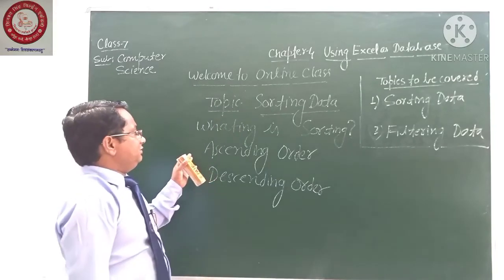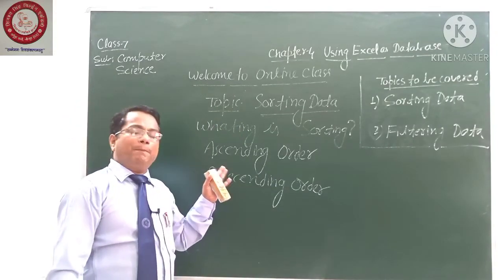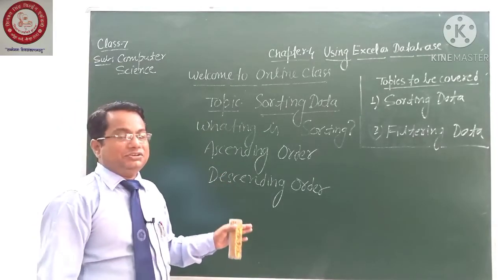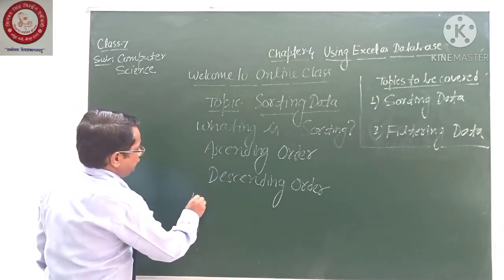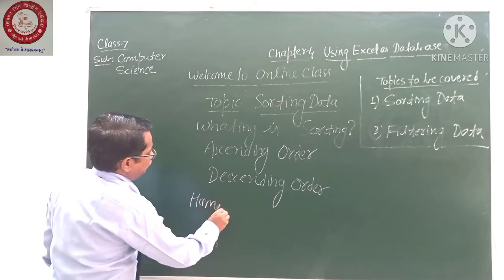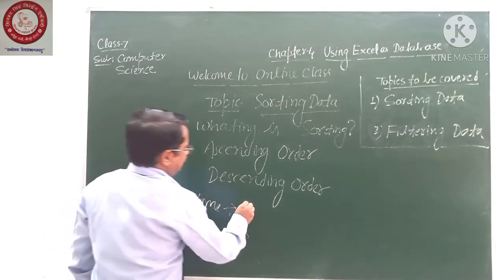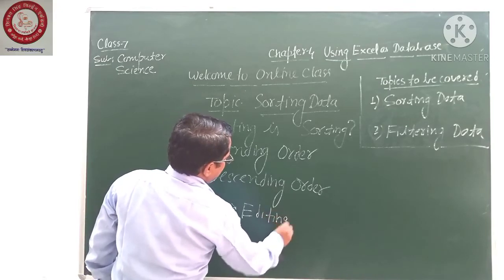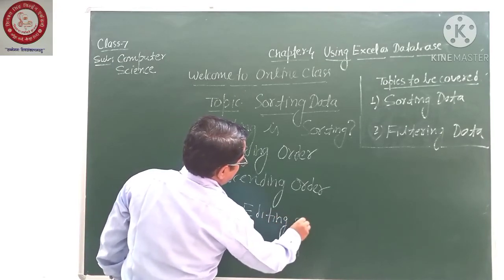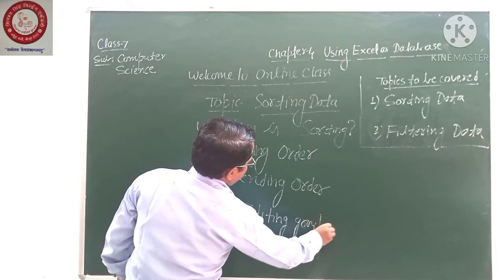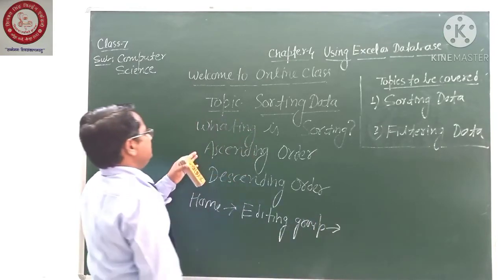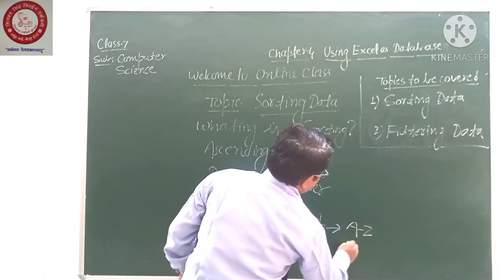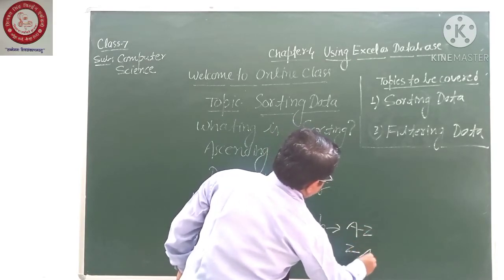The buttons for ascending and descending you will get by first opening your Excel sheet, then going to the Home tab. After that there is the Editing group. In that Editing group you will get buttons written as A-Z and Z-A.